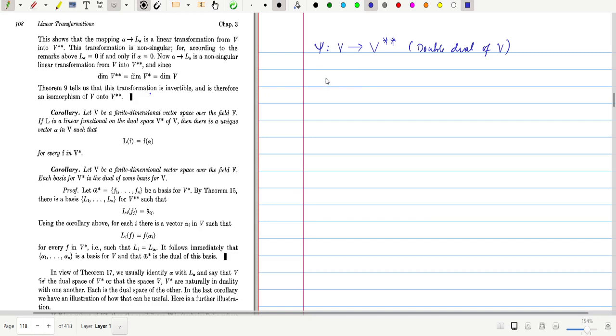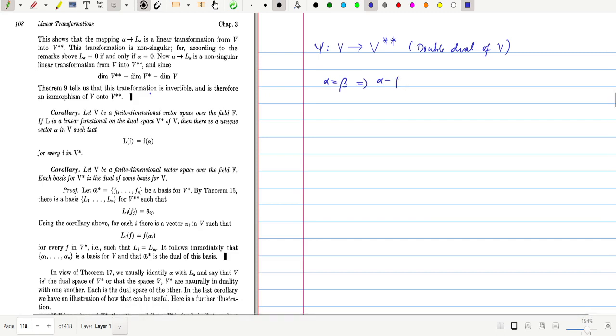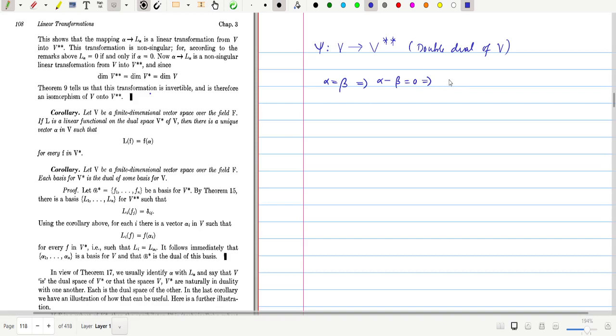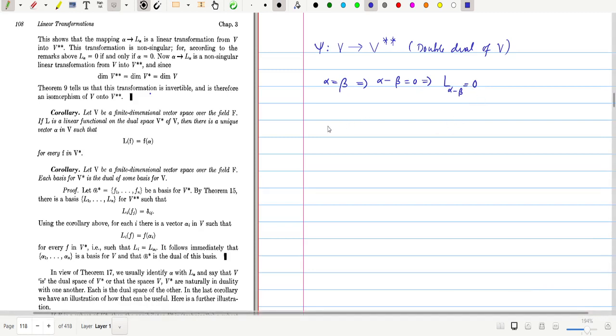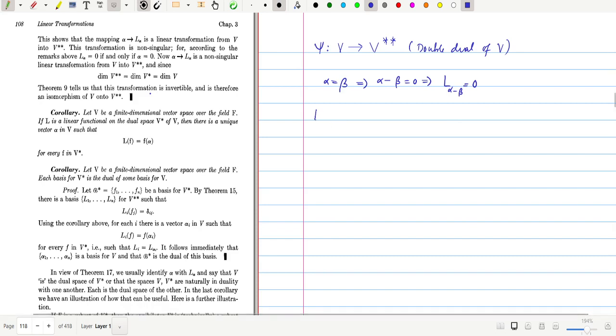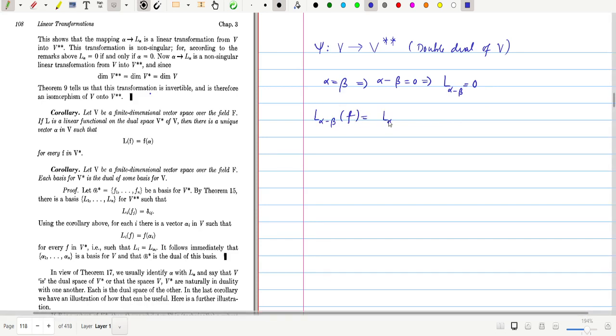Now we can get whenever alpha equal to beta implies alpha minus beta equal to 0 implies L of alpha minus beta equal to 0. Whenever you consider L of alpha minus beta, then what is L of alpha minus beta of f? This is equal to f of alpha minus beta, and f is an element of V star.